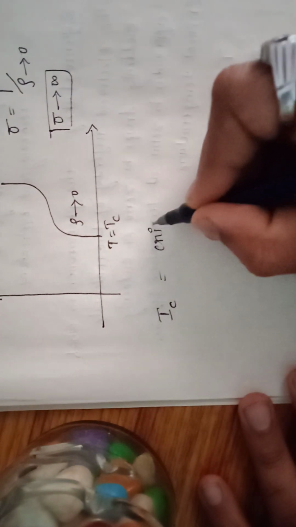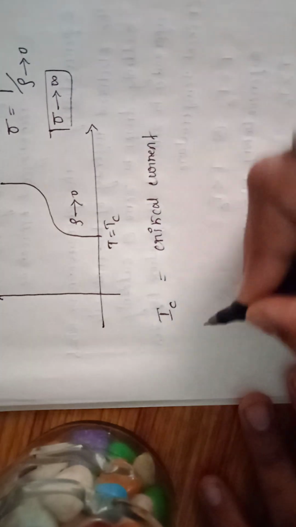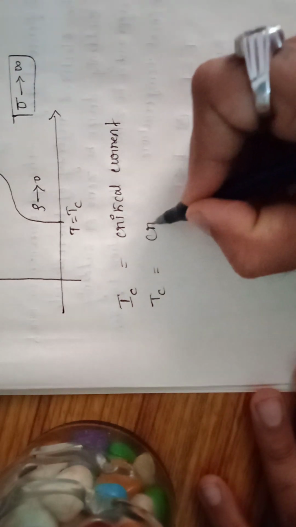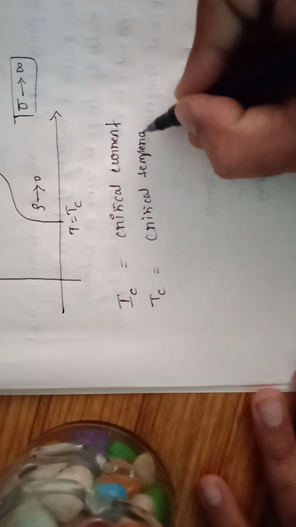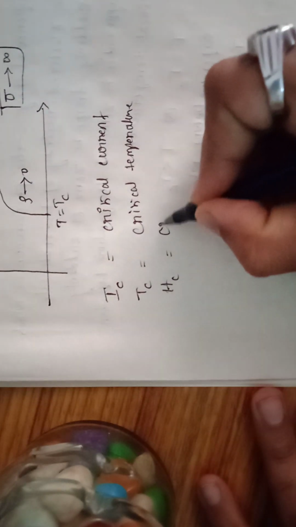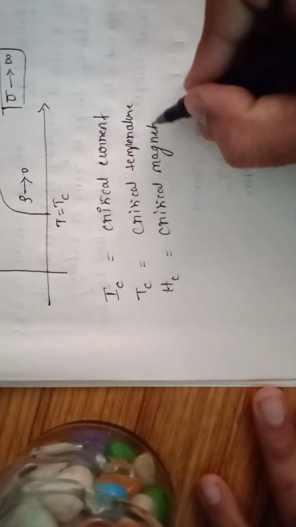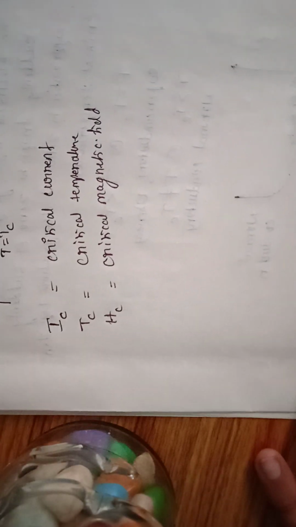Then the critical temperature, TC, and HC, the critical magnetic field. So what are IC, TC and HC?